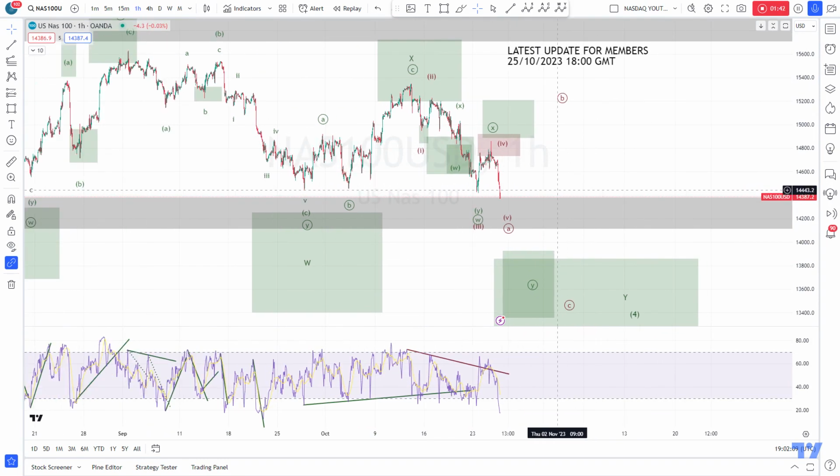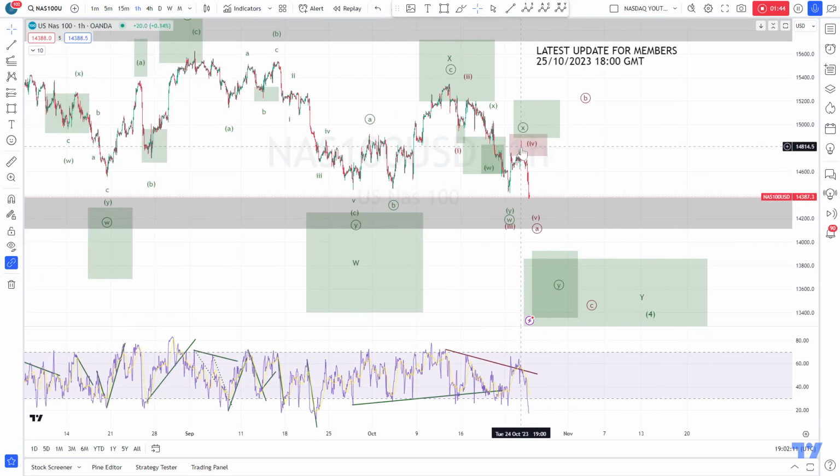For the moment, we experienced a good drop right here, and if we look at the internals of this wave right here, then we do not have 5 waves yet.